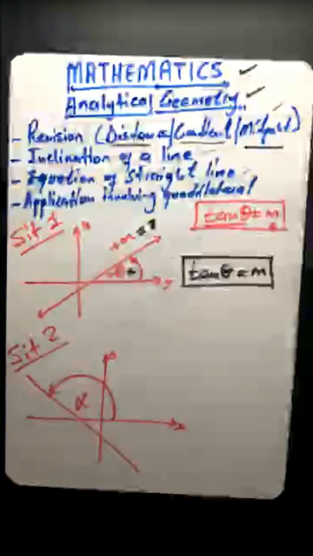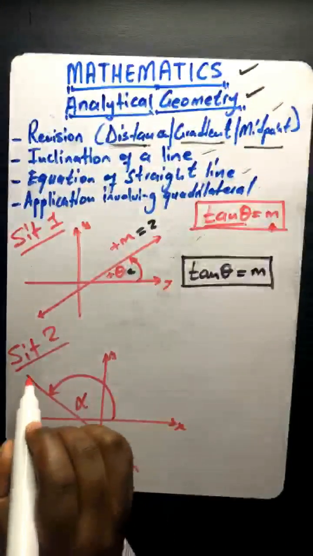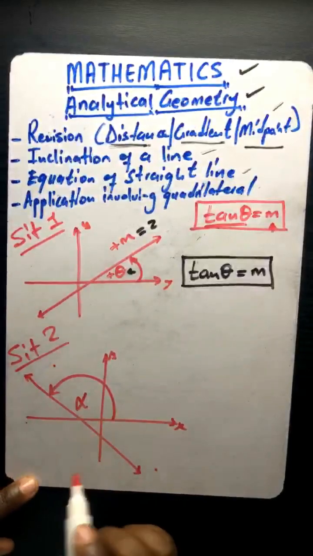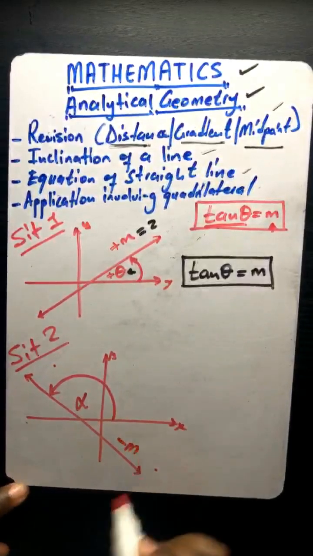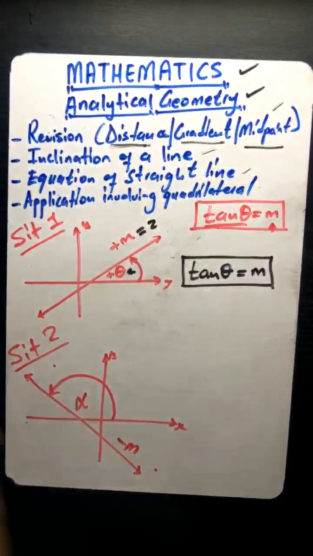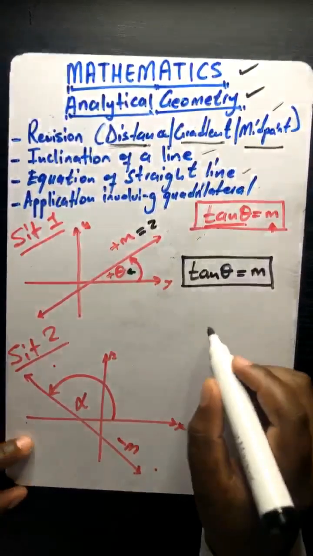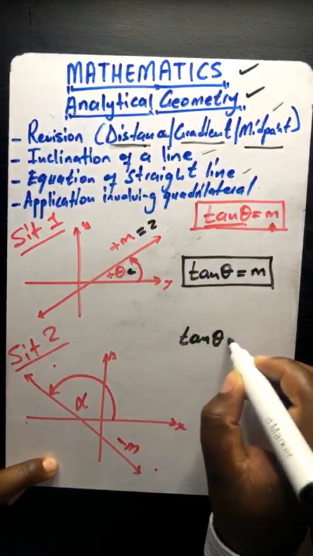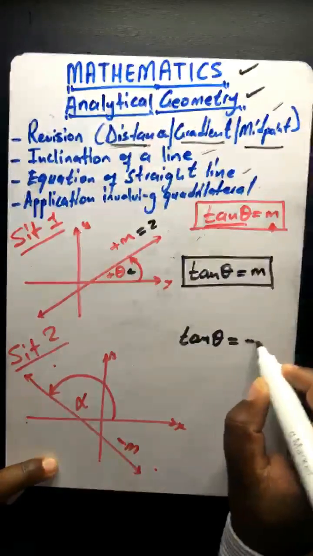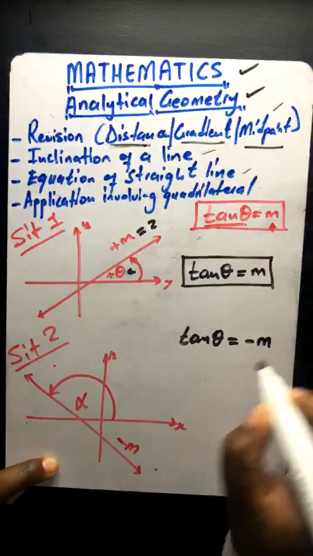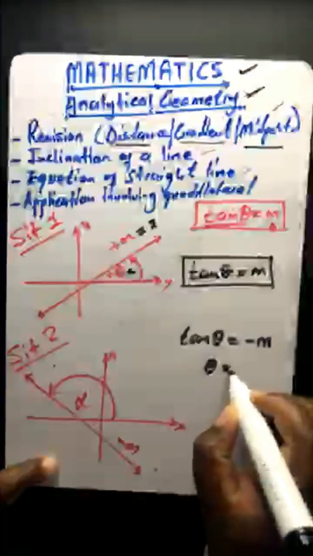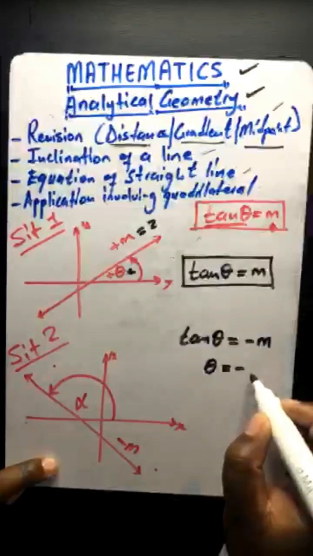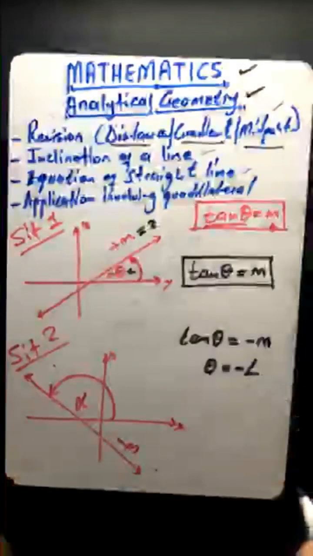But because this line passes through the second and the fourth quadrant, it is going to have a negative gradient. It is for that reason that in the formula tan angle is equal to the gradient, because you have a negative gradient, even your angle theta is going to be a negative value, or let me say a negative angle.